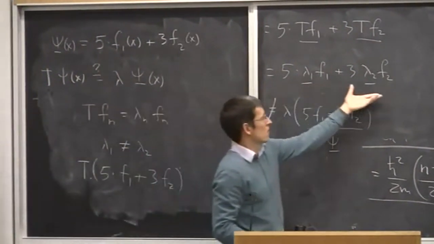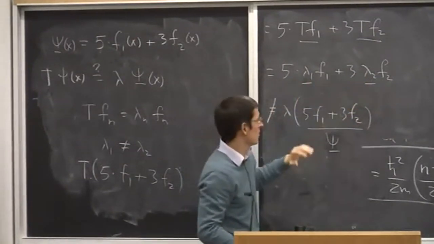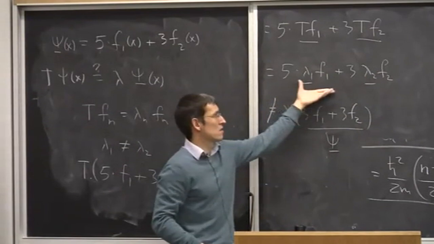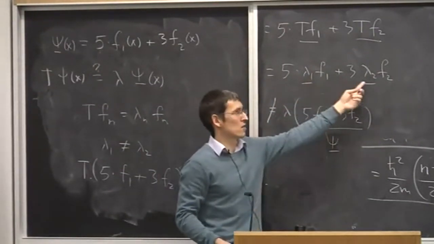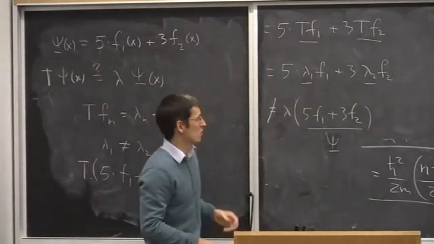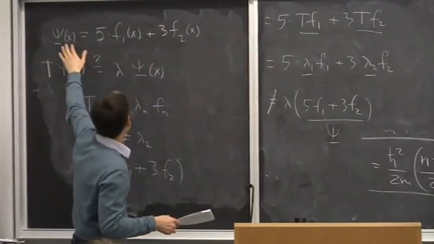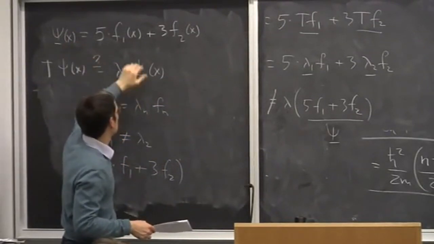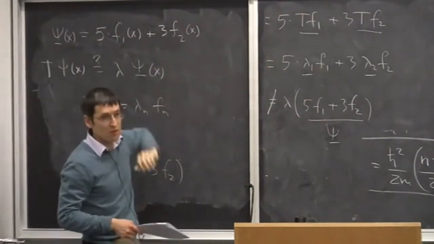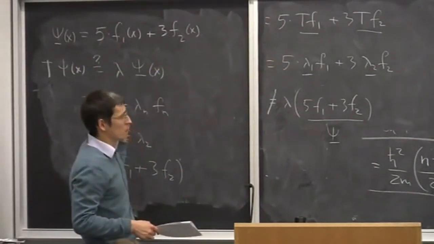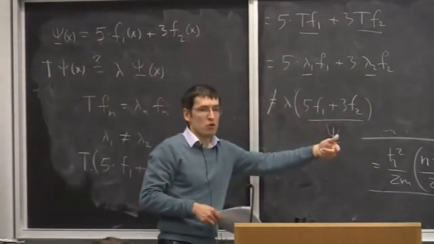The action of t produced different lambdas in two different terms, and that's why we cannot write this as one lambda multiplied by a function, because these two lambdas are different. So even without going into differentiation, simply because the function I gave you is written as a linear combination of eigenfunctions, the action of the operator on that linear combination is very simple. You just act on every term.